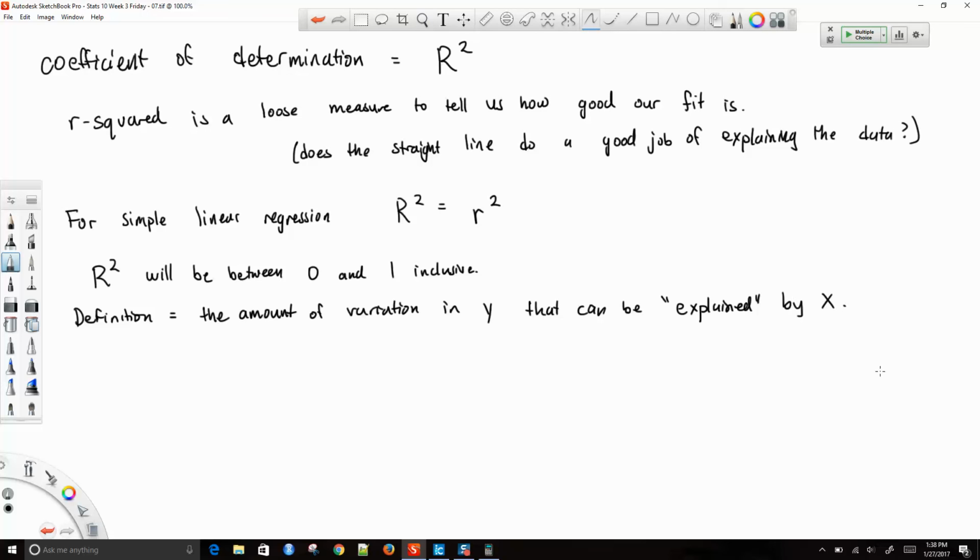Okay? The amount of variation in y that can be, quote, explained by x. All right? Okay, so let me give you a little example to try to make sense of this sentence here, because I know it sounds a little wonky.